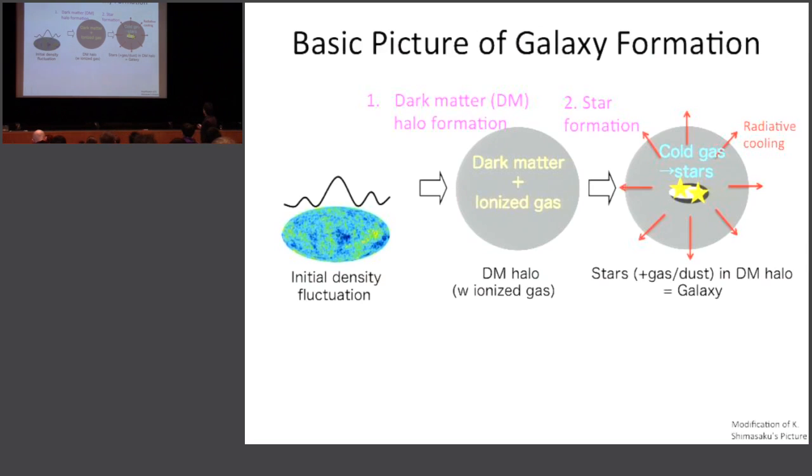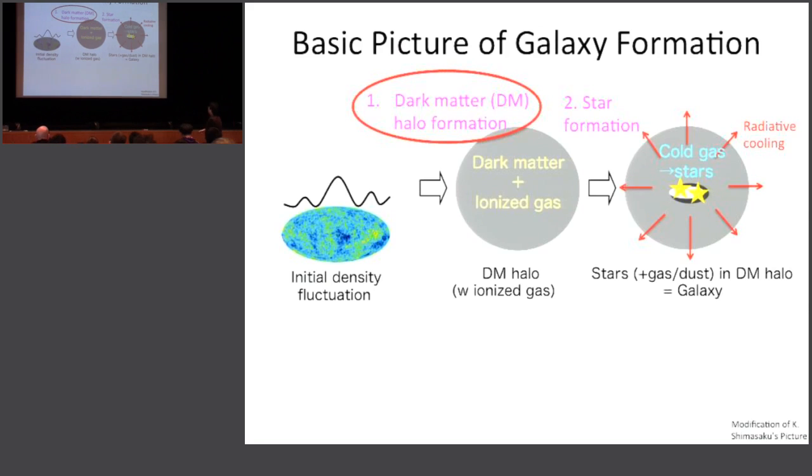The second process is star formation, triggered after the gas is cooled down by radiative cooling and dense gas is formed. Gas clouds form at the center, then you get the stars. So the basic idea of galaxy formation is these 2 steps: dark matter halo formation and star formation.